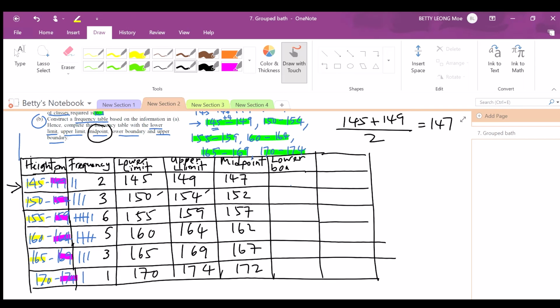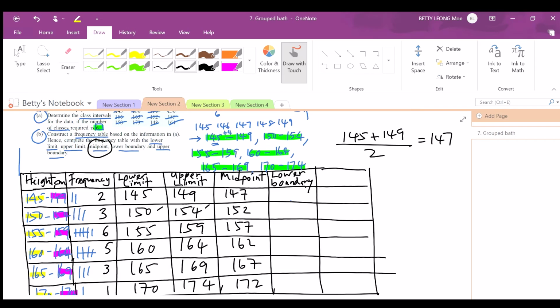Okay, the second last is the lower boundary. How to find the lower boundary? You look at the lower part. So you look at 145. There is a boundary here, and the next number below will be 144.